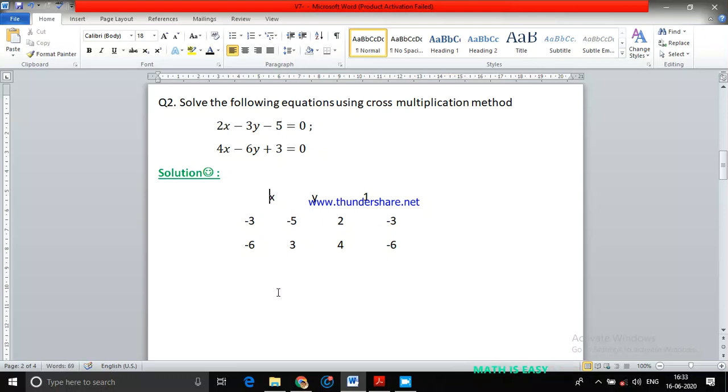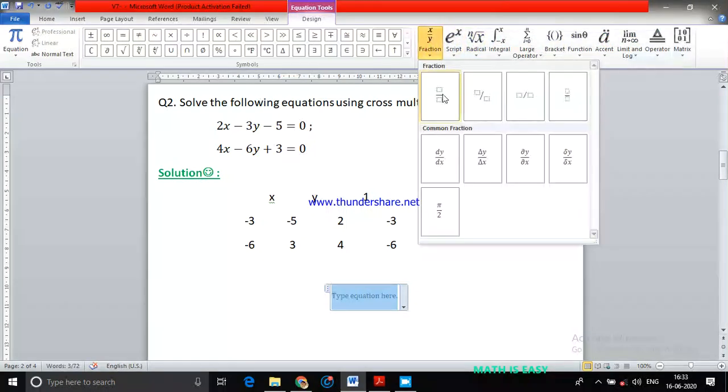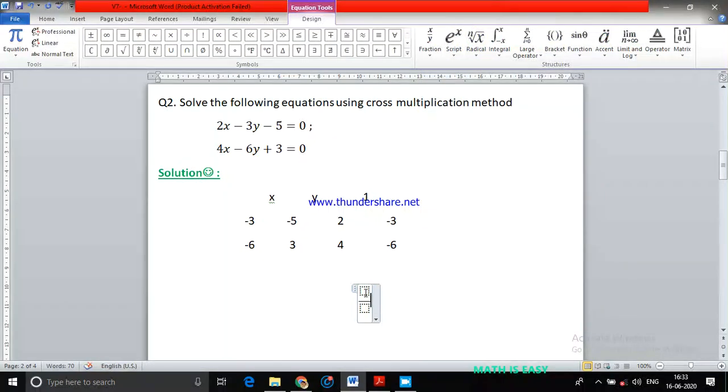So after writing this, what I have to do, let me insert the equation. So this will come as x upon, so what I do here is, I'll write it directly, minus 3 into 3, minus 9. First let me multiply here, minus 6, minus 5, minus into minus is plus, 6 into 5, 30.